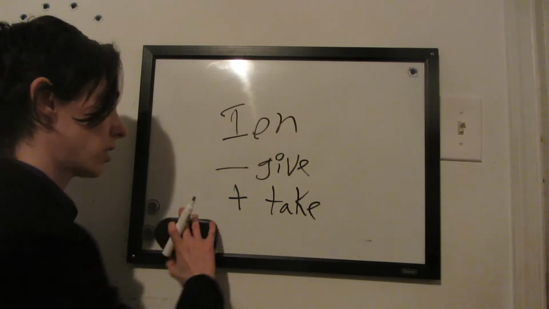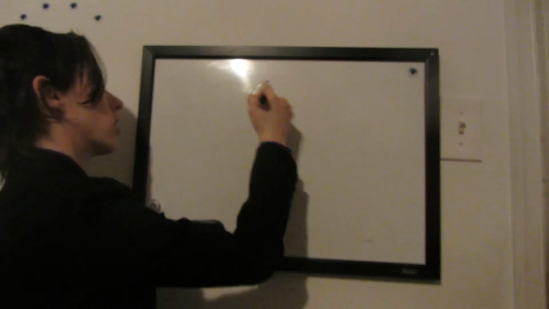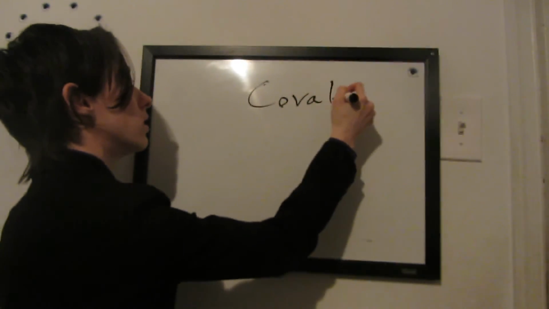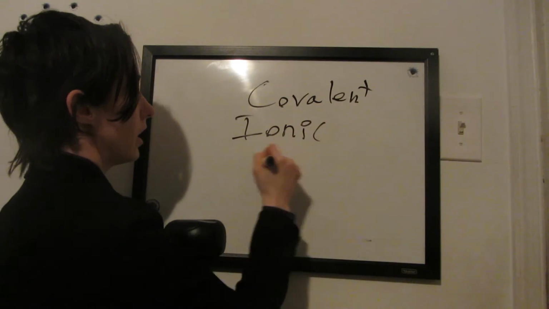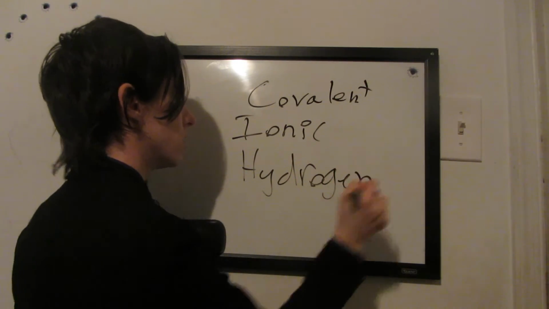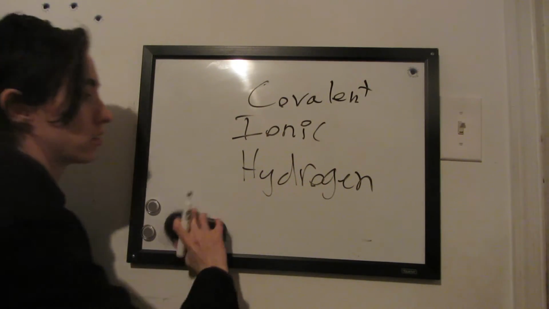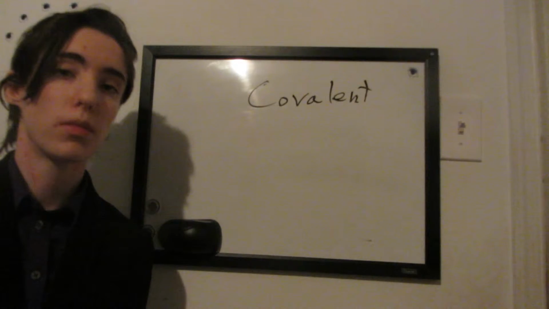Now that we understand atoms, we can discuss some basic bonds, which are covalent bonds, ionic bonds, and hydrogen bonds. Covalent bonds are bonds where two atoms share electrons.